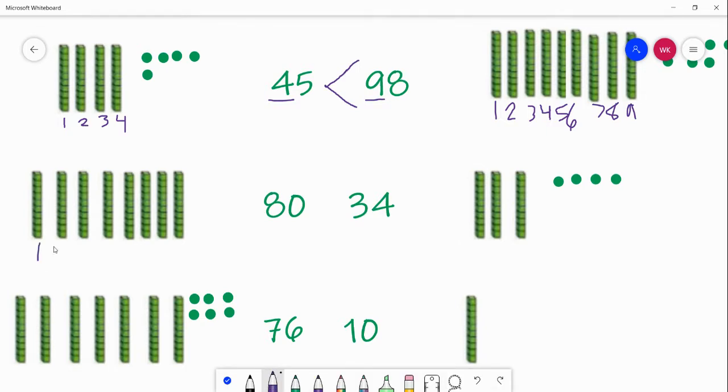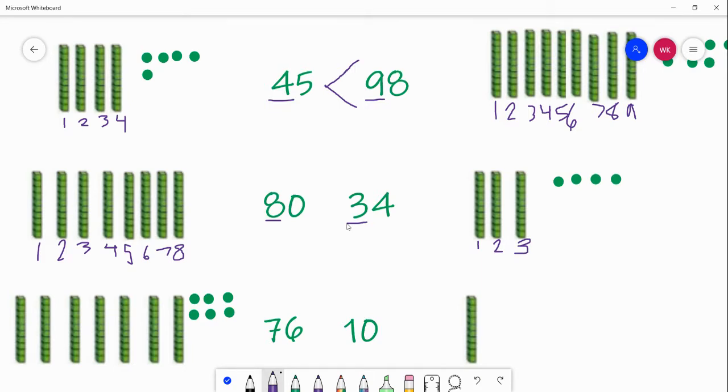We have 1, 2, 3, 4, 5, 6, 7, 8. So we have 8 tens in the number 80, and we have 1, 2, 3 tens in the number 34.